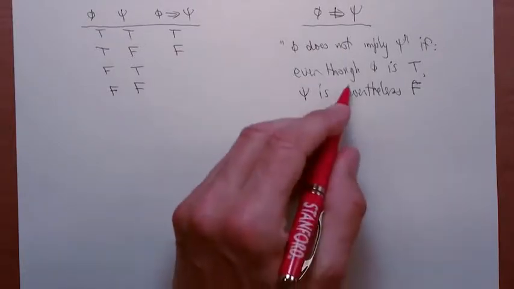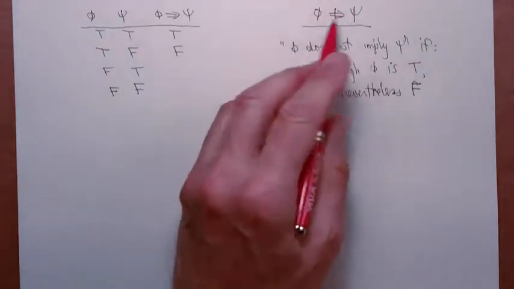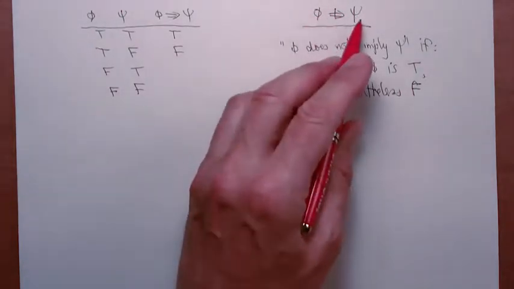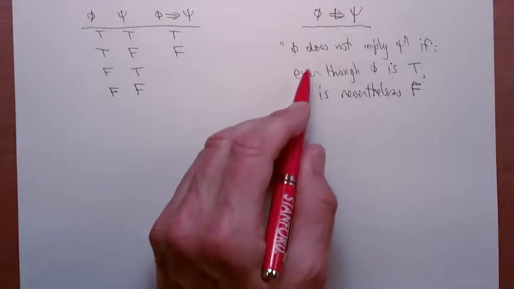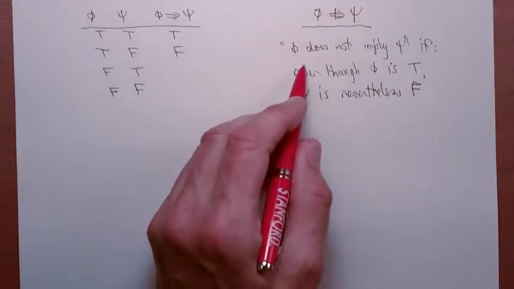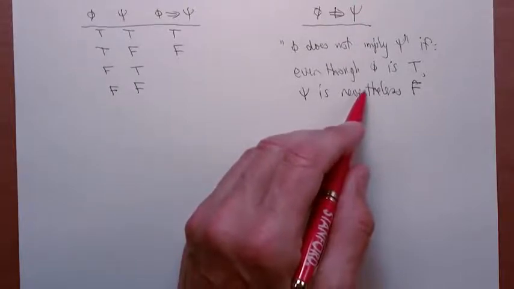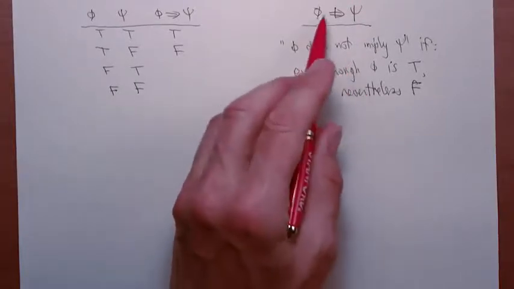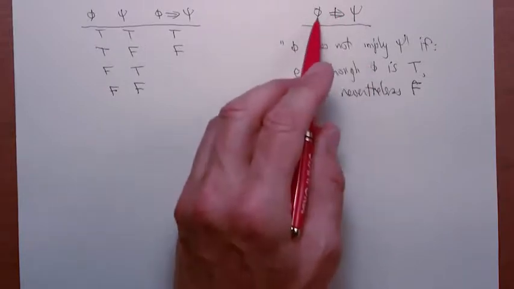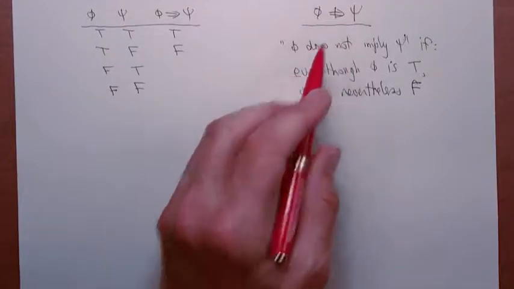That's how you know that this holds. You know that phi doesn't imply psi if you can check that phi is true but psi is nevertheless false. That's the only circumstance under which you can conclude this is true. In all other circumstances, this will be false.